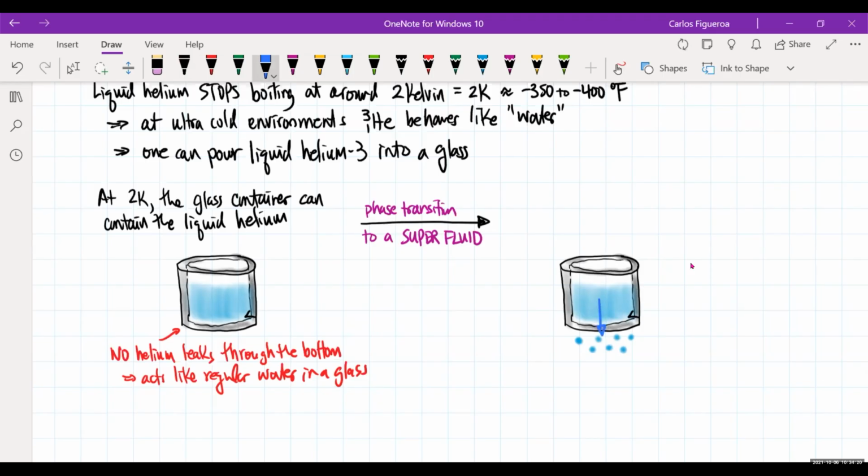You're seeing this thing go right through the bottom. In this case, the liquid helium goes right through the bottom.